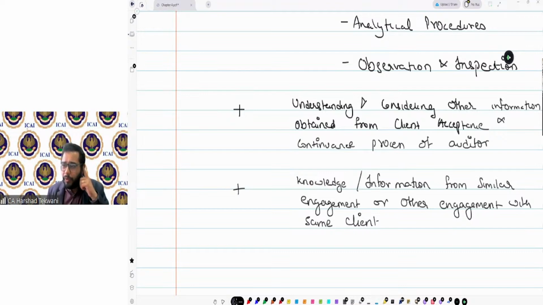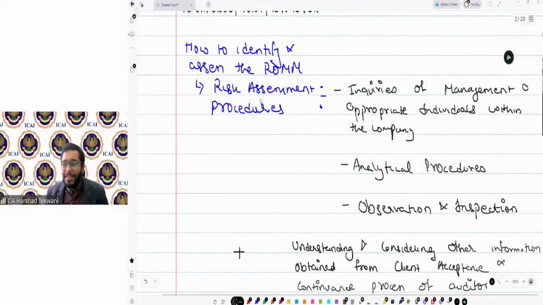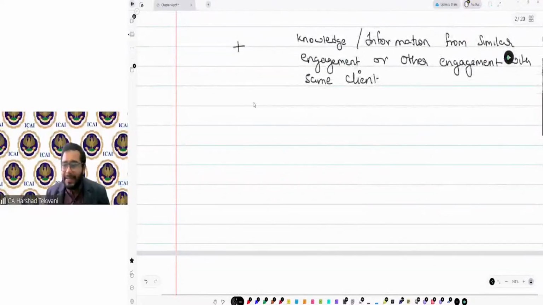Okay. Now this is something, the basics of risk assessment procedure. How to perform risk assessment procedure. Now, one such part of the risk assessment procedure is to understand the entity and its environment. So, when I say understanding the entity and its environment, what do I mean?